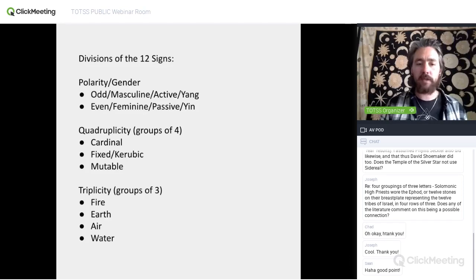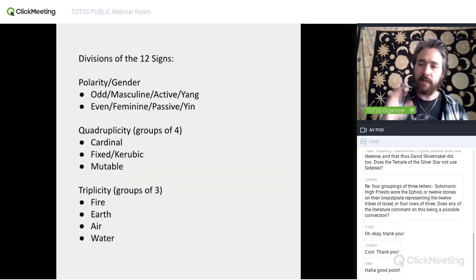And so because of these groups of four things, each season, which is going to be made up of 3 signs or 3 months, is going to begin with a cardinal sign. Then you'll have a fixed sign in the middle of the season, and then a mutable sign at the end of the season. So that's another way of thinking about this too, that the cardinal signs are the start of the season.